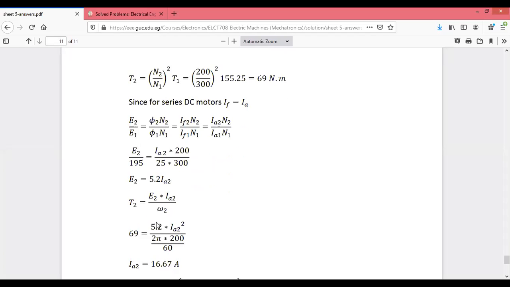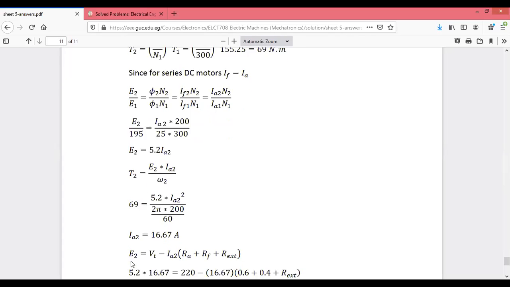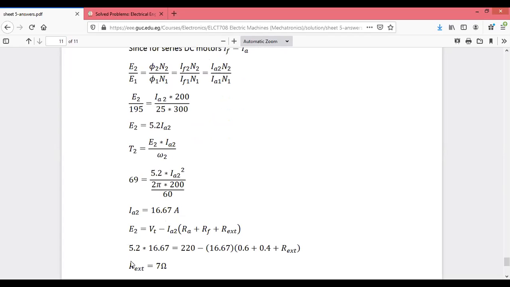If you write the value of omega in terms of speed, that is the reduced new speed, 200. But since you are calculating in rotations per second, you can take 2 pi 200 upon 60. If you solve, you will get the value for torque, and then you will get the value for the armature current.